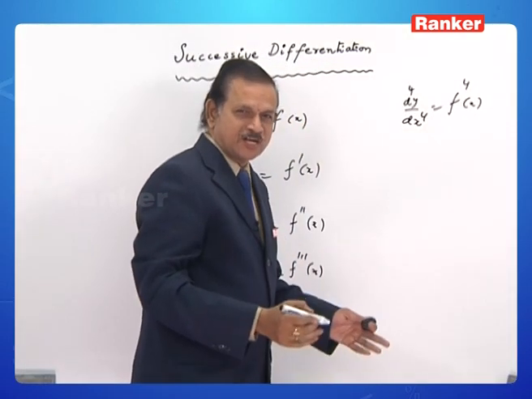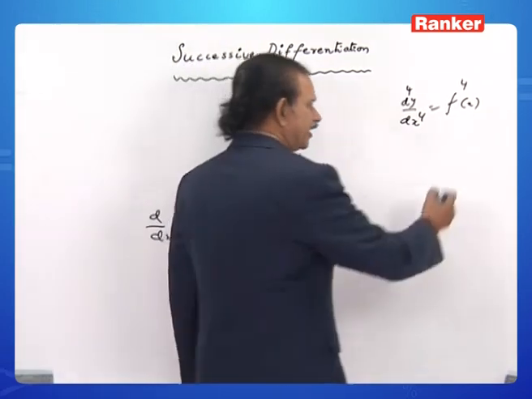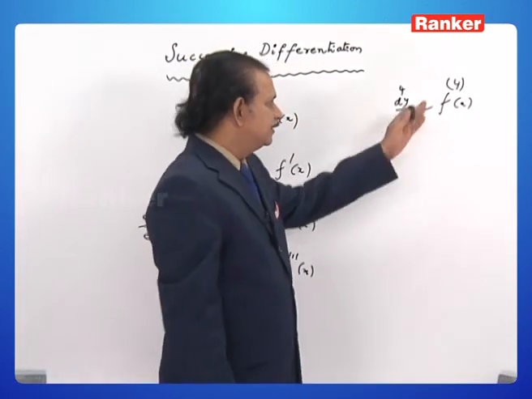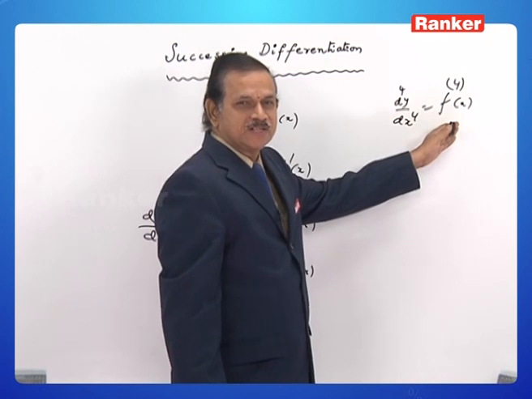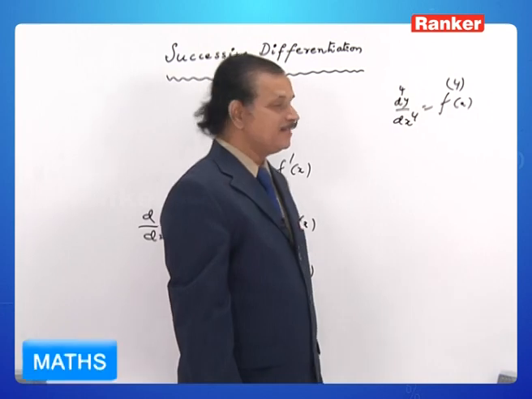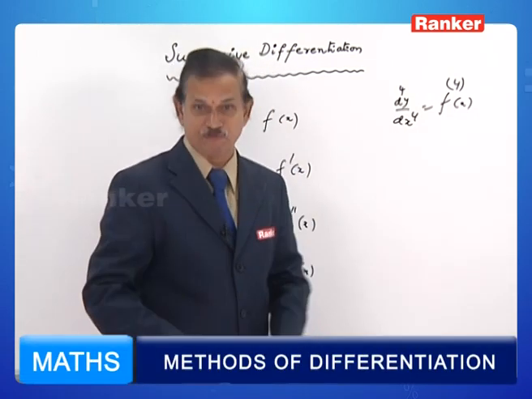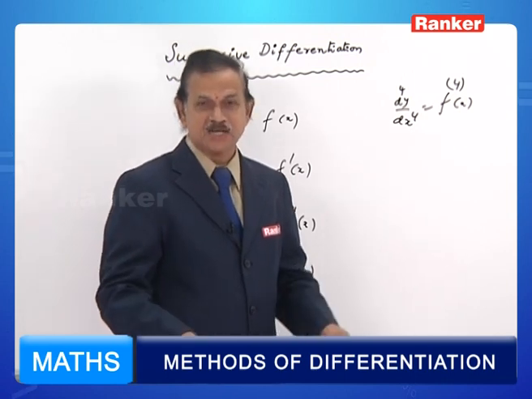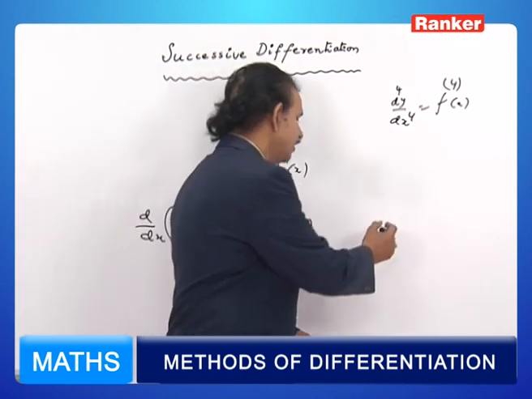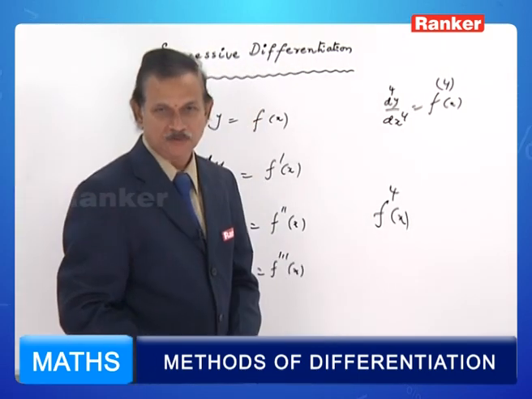A very important precautionary measure that you have to take here is to put this symbol in brackets. Then only this symbol represents the fourth derivative of f of x. Otherwise, there may be a danger of assuming the function to be f of x whole power 4. There are some lecturers and students who understand f power 4 of x as f of x whole power 4.